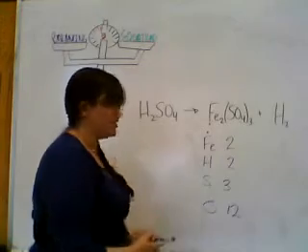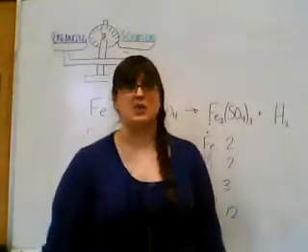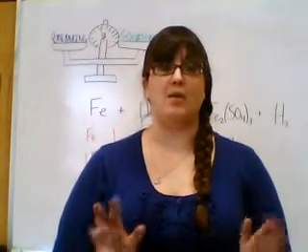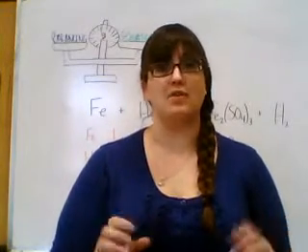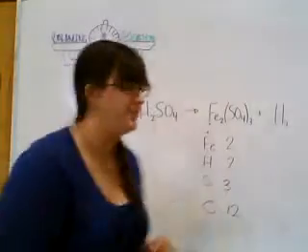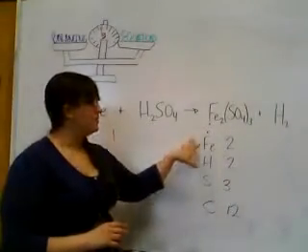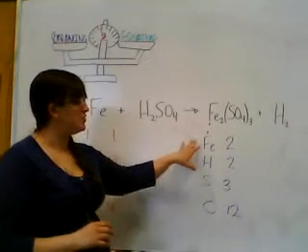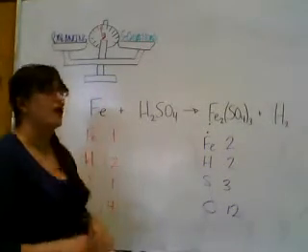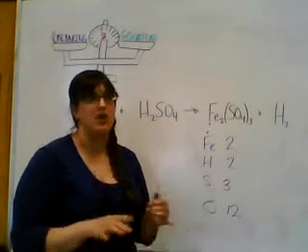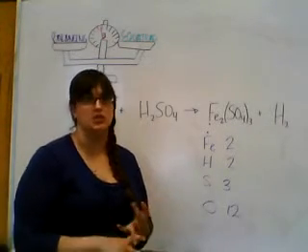Okay? So now I'm going to keep using different colors as we go through this so that you can keep track and know how each coefficient that we add changes what you have. So coming over here, we know that we have two iron over here, and we have one over here. And now one thing that you always want to remember is always start with something other than hydrogen and other than oxygen.